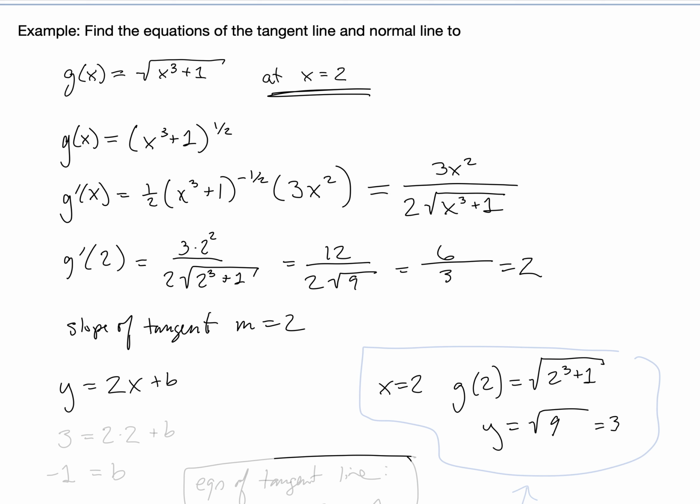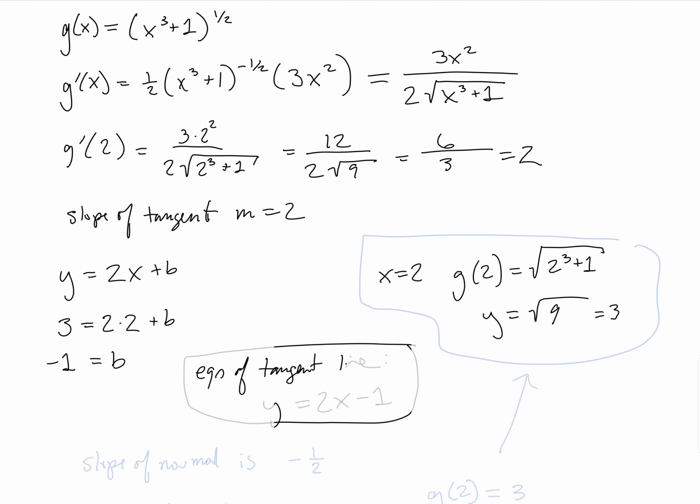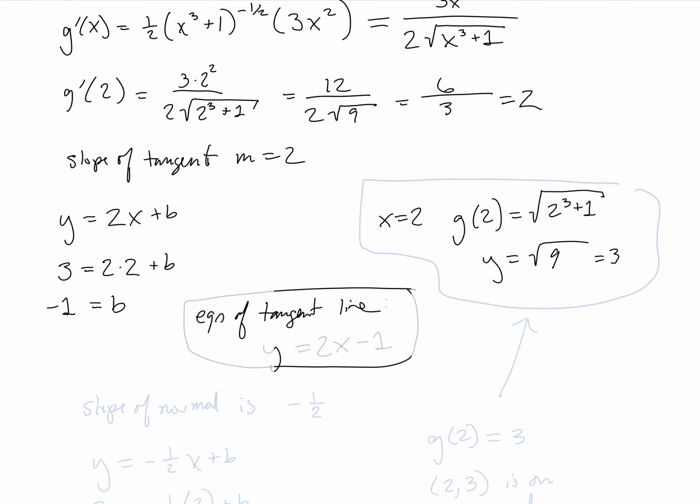And so plugging in those values, y equals 3 is equal to 2 times the x value, which is also 2, plus b. Now we're solving for b, so we're subtracting 4 from both sides. Negative 1 is equal to b. And finally we have the equation of the tangent line. And that equation of the tangent line is y equals 2x minus 1.